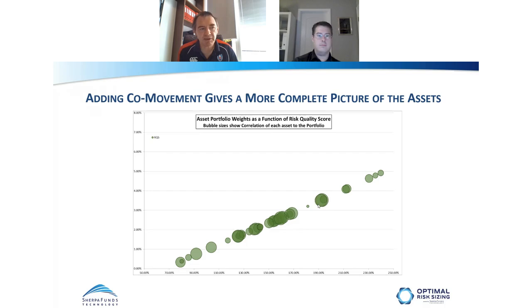This big bubble one here has a slightly higher risk quality score, but it's a much higher co-movement, meaning when it drops, the rest of the portfolio drops. And so now you're thinking, actually, yeah, of course, it's kind of crazy. In my simple, naive RQS-built portfolio, I've given this one slightly more weight.